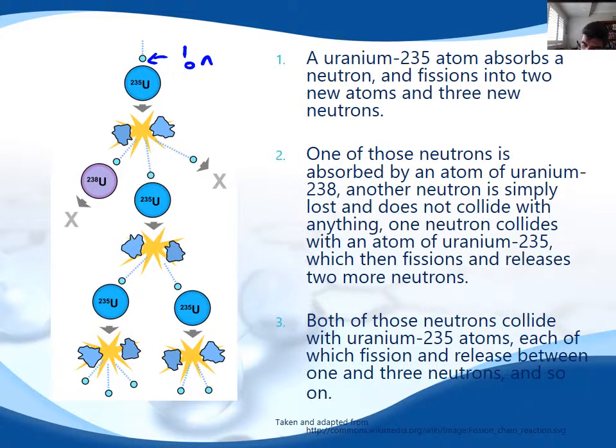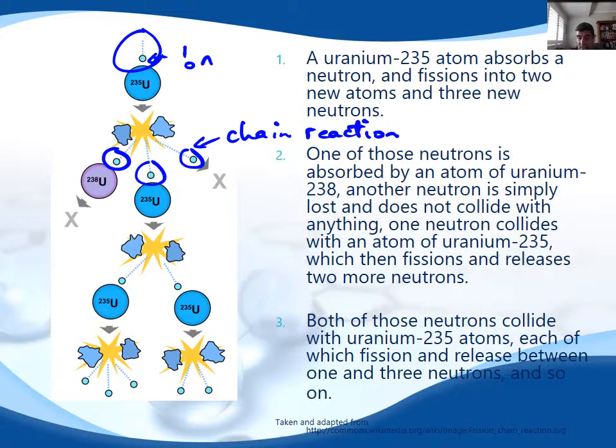And this is where we get what we call a chain reaction. The chain reaction is a consequence of one initial neutron providing us with the opportunity to produce three additional neutrons, which can then bang into other uranium nuclei and keep this process going.